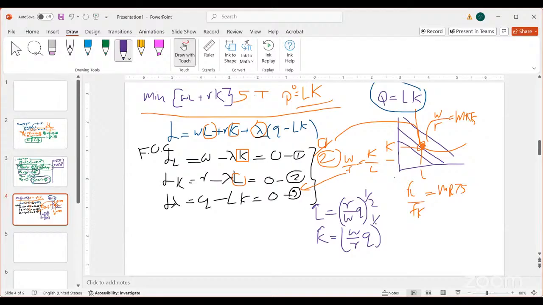These two input demand functions you get, you can see they are functions of input prices and the quantity.